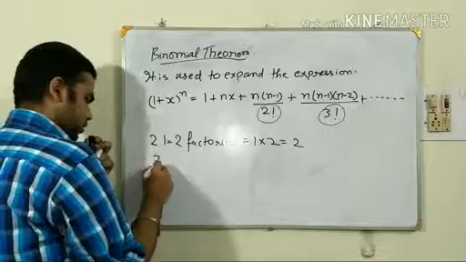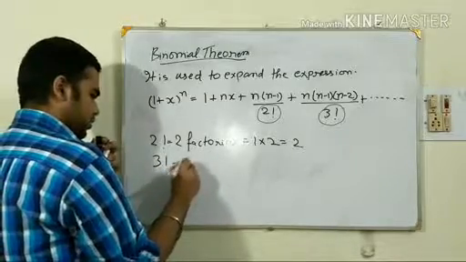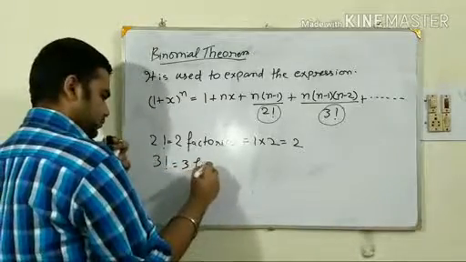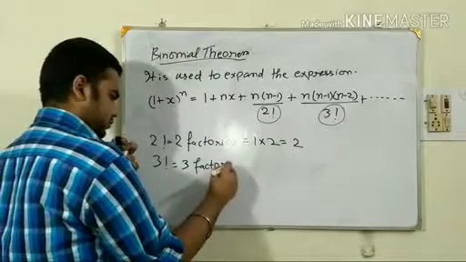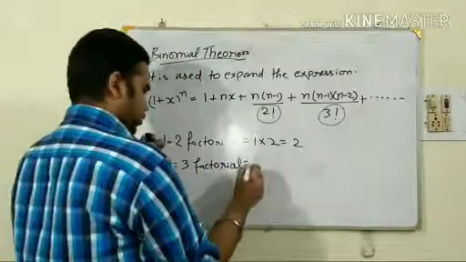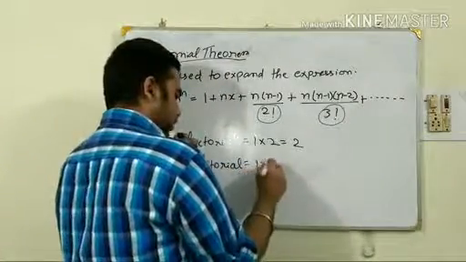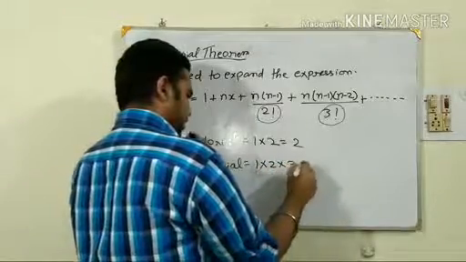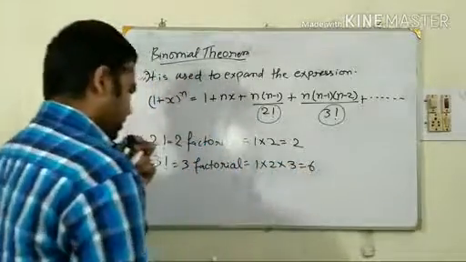Similarly, 3 factorial is equal to 1 into 2 into 3, which is 6.